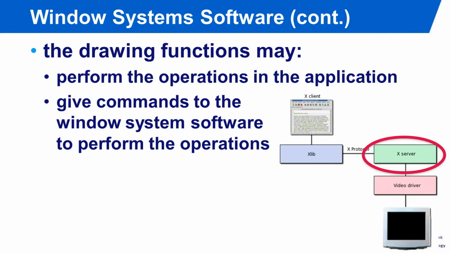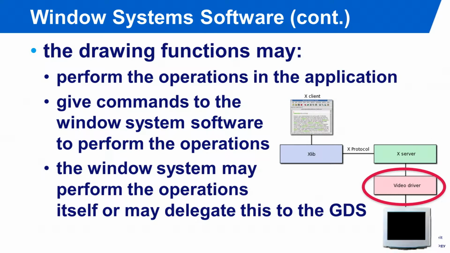But it can also give commands to the Windows system software to perform the operation. And often the application programmer doesn't even know whether the library function performs the operation in the user's application or whether it is performed inside the Windows server.